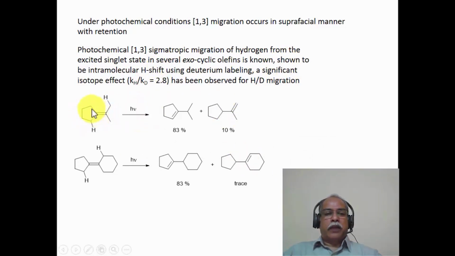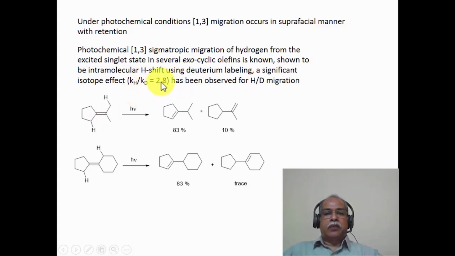The hexamethylene cyclopentene cyclohexene undergoes the 1,3 sigmatropic migration through a suprafacial manner of migration, and by using the deuterium labeled compound, it has been shown that there is a significant primary kinetic isotope effect. In other words, the hydrogen substituted compound reacts 2.8 times faster than the deuterium substituted one.